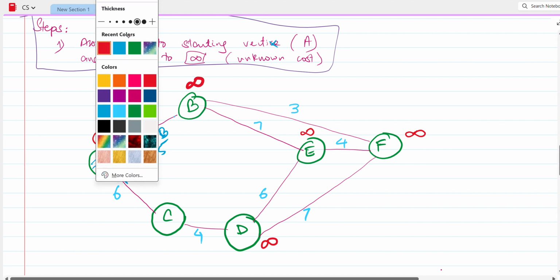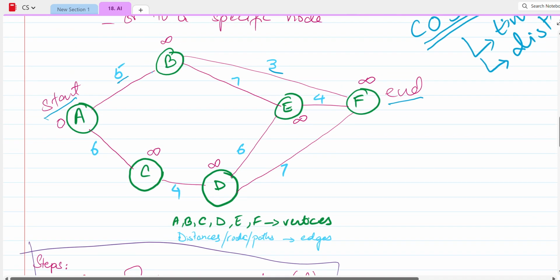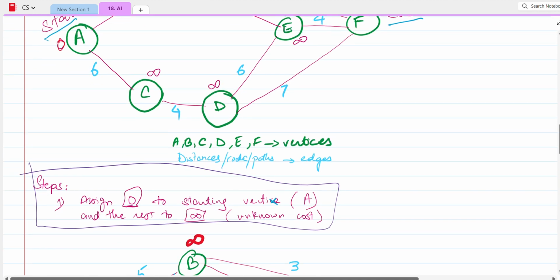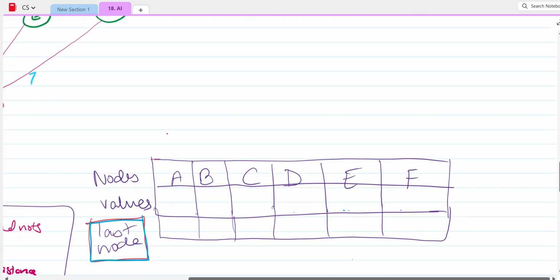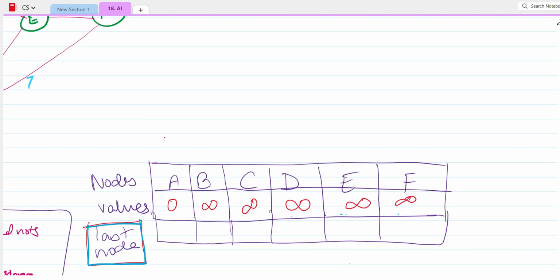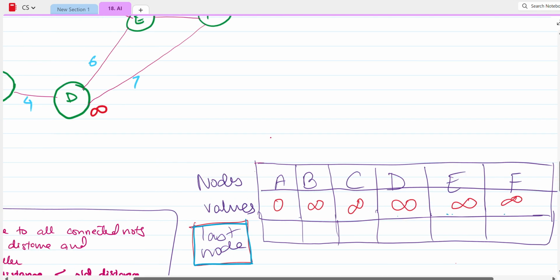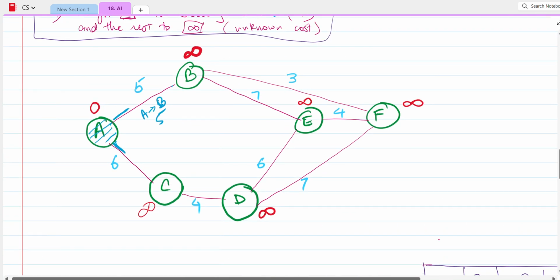So 0 to the starting vertex and infinity to all the others. Now this working needs to be shown on your paper as well. In this table you can just erase these values and update them as you go on, but your graph or your work area should have the working, when you're cutting and writing the new values.